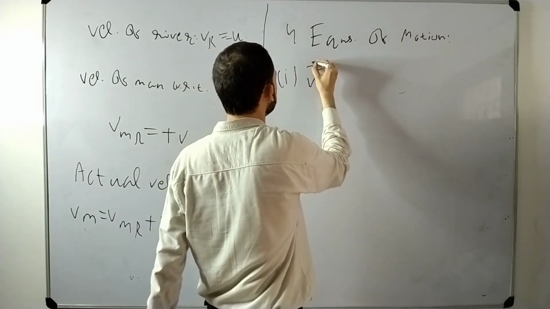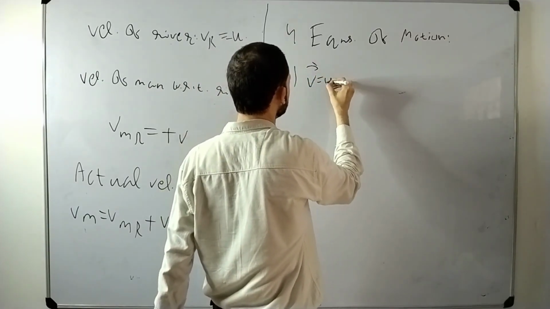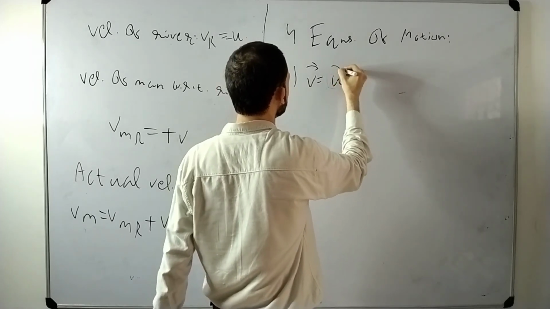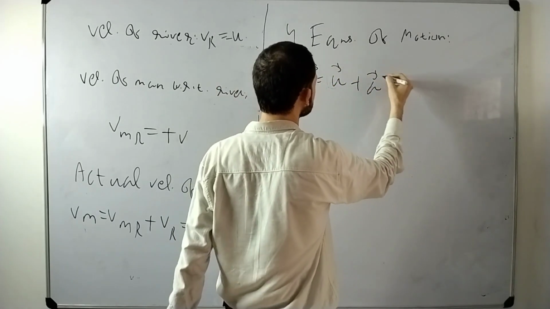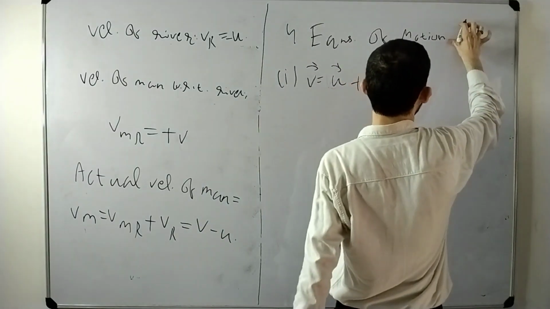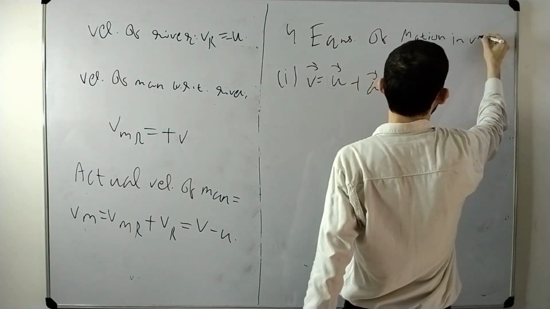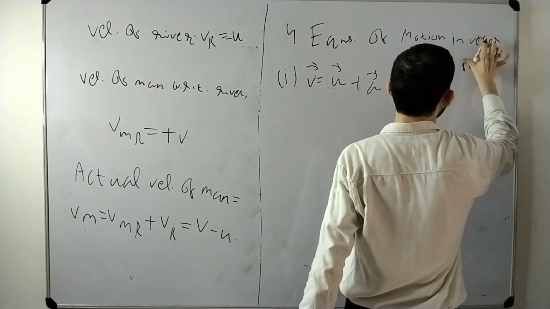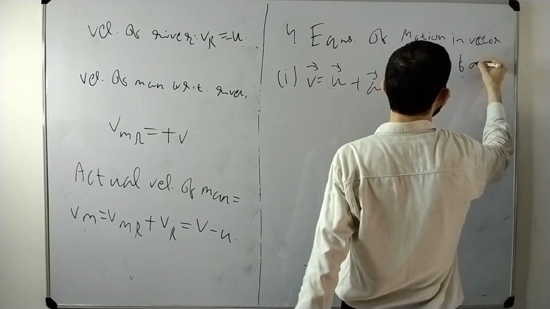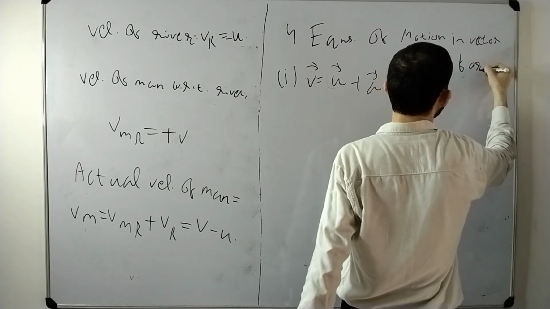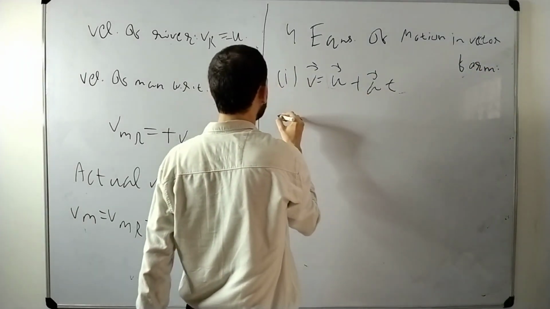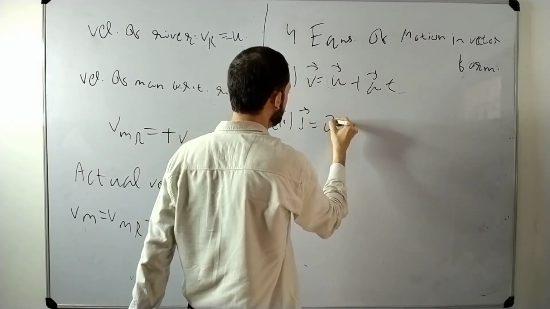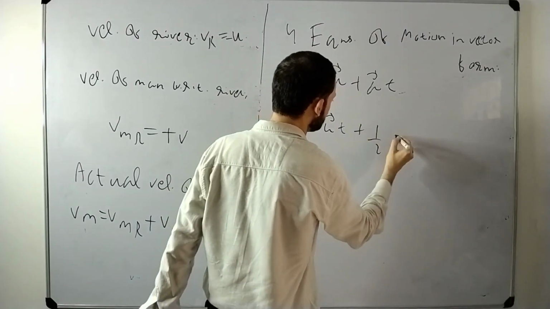First, v is equal to u plus at, in vector form. Second, s is equal to ut plus half at square.